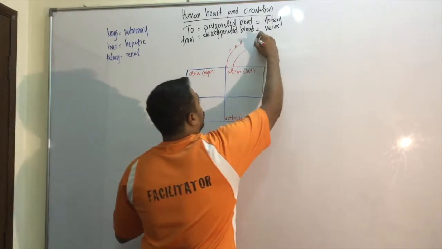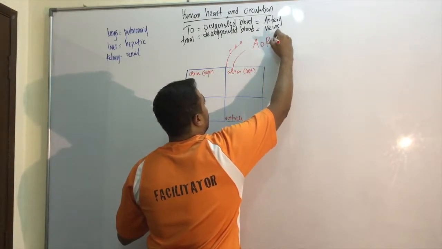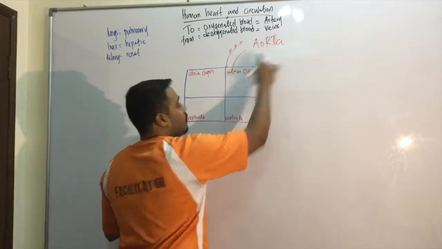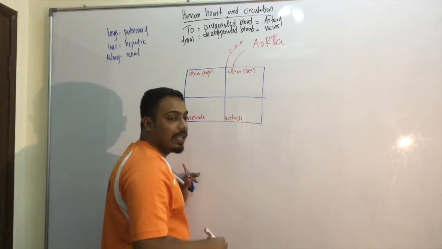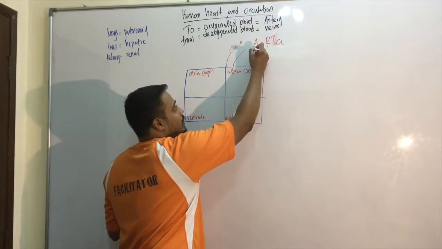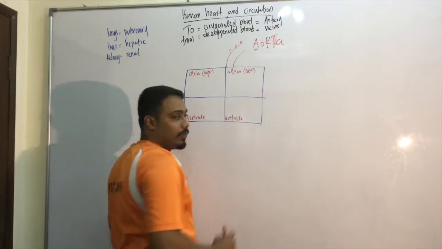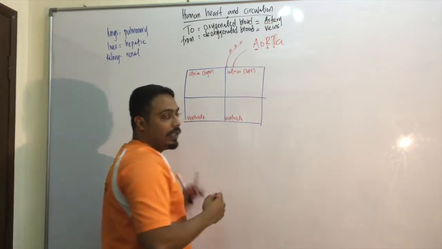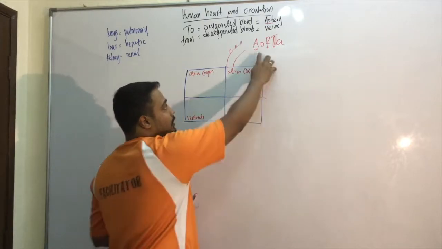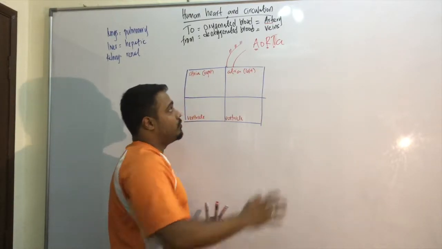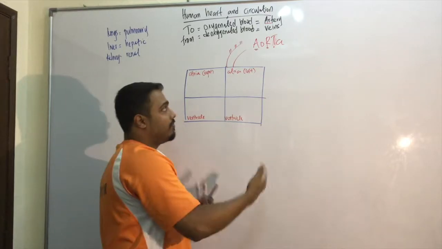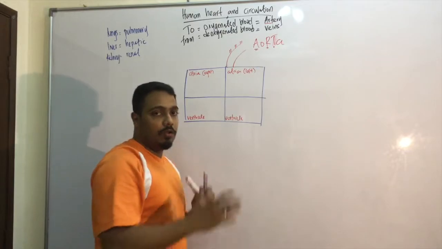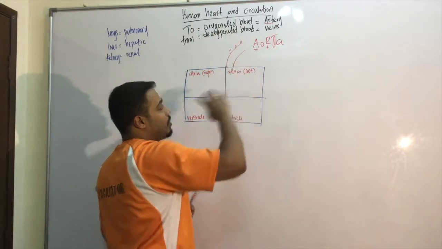With aorta, you can see the letters A-R-T, which is also the word found in artery. So I want you to remember aorta as the mother of all arteries, which means all of the arteries would come from the aorta.